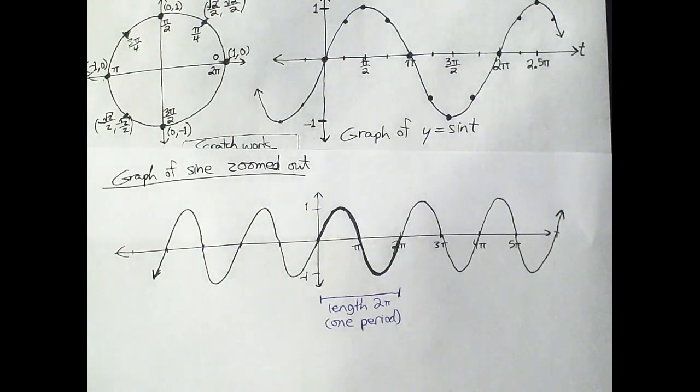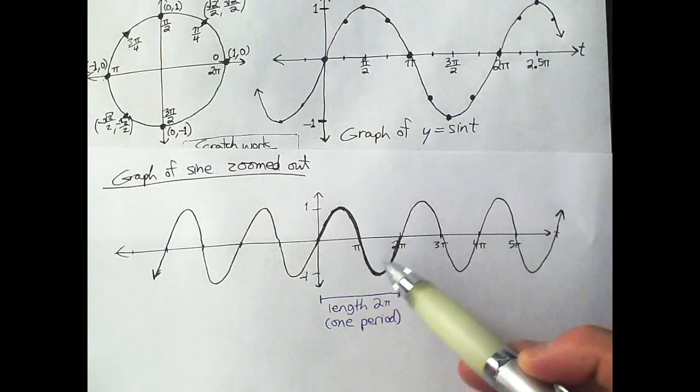Now, that makes this type of function different from some other functions that we've worked with in algebra and pre-calculus because it has this repeating pattern. Polynomials never do this. Exponential functions never do this. Logarithmic functions never do this. Linear functions never do this. Trigonometric functions are probably the first periodic functions you've seen.